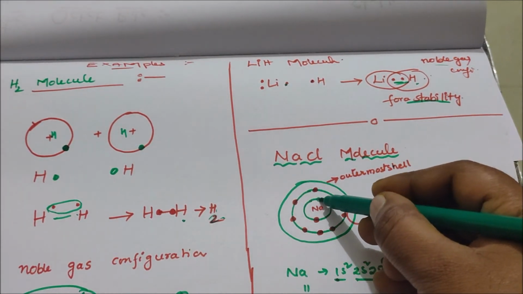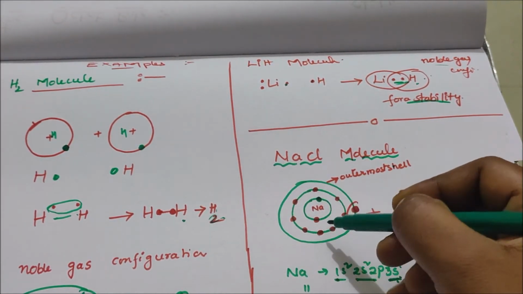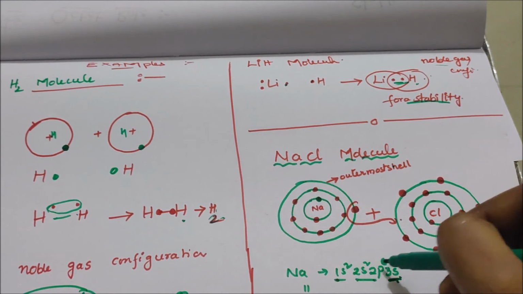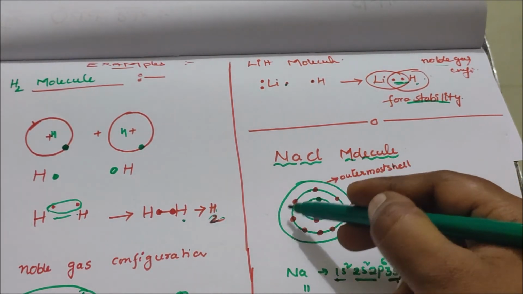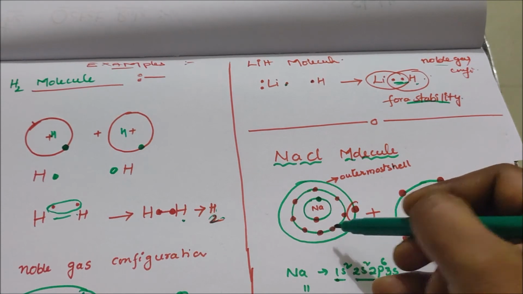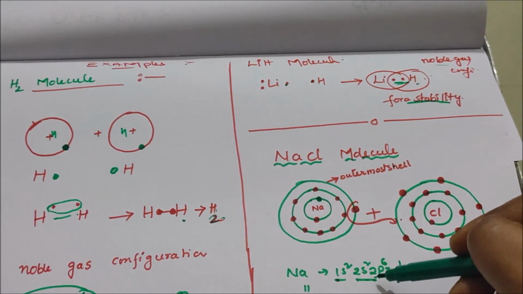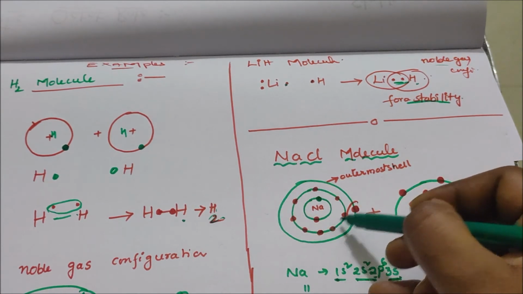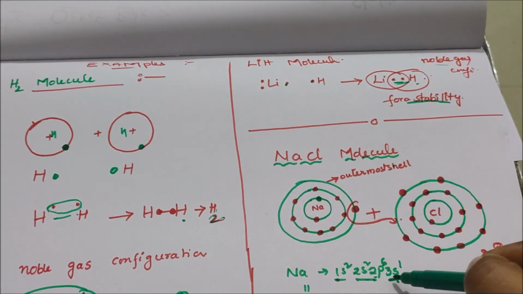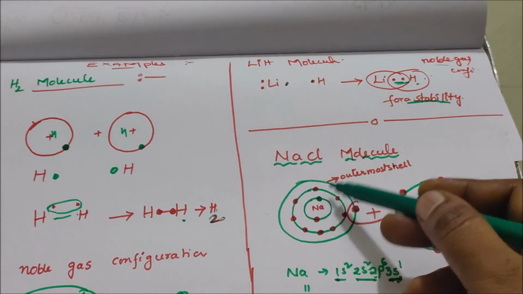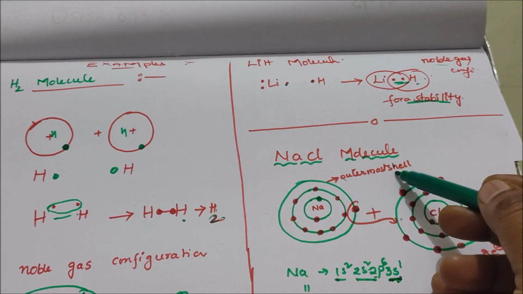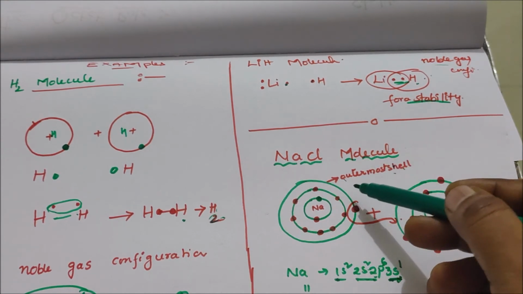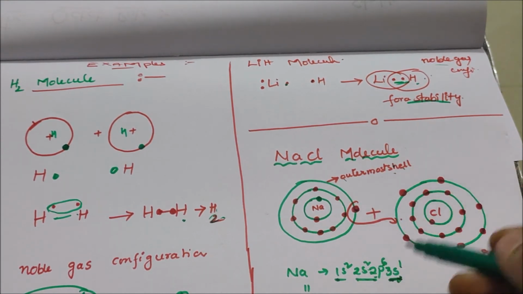The second orbit has the octet, 8 electrons: 1, 2, 3, 4, 5, 6, 7, 8. But the last outermost shell, the valency shell, contains 1 unpaired electron.